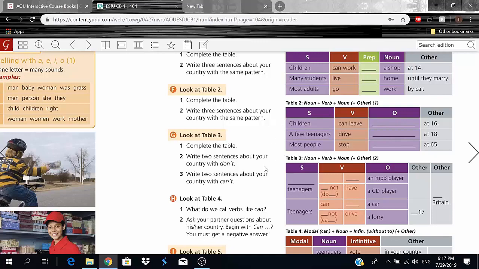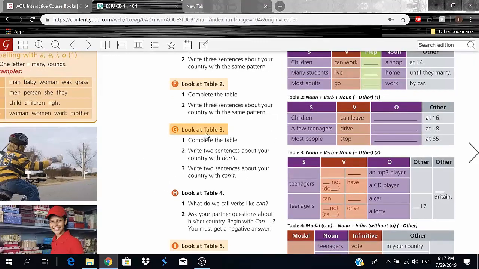Now let's go to exercise G. Look at table 3, complete the table. Same thing again. So teenagers dash or do not or have or don't have an MP3 player, and we could say others, for example Britain or 17. You got the idea. So here we go.